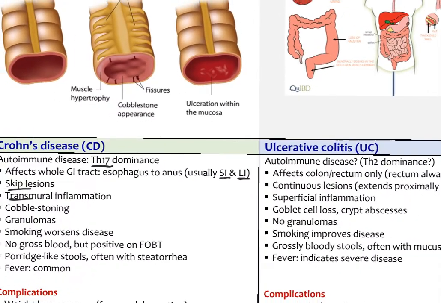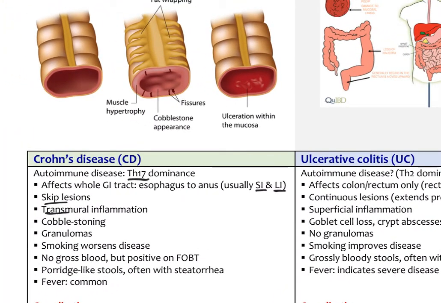So if you look at the intestine in cross-section, here's a normal intestine. Here is Crohn's disease. So you see a thickening of the wall, and that actually has to do with the inflammation triggering the smooth muscles to hypertrophy. It looks cobblestoned on the inside, and there are deep fissures and lots of scar tissue.